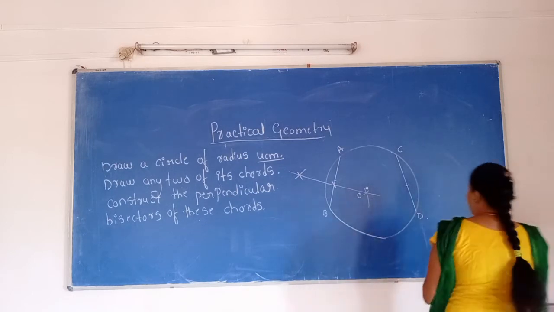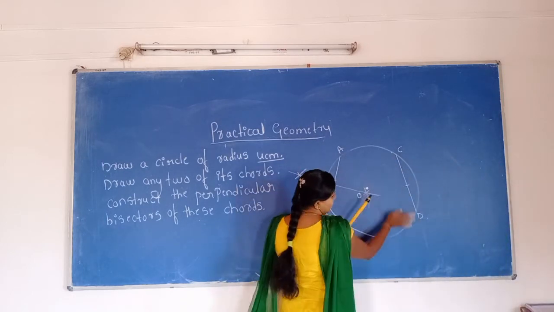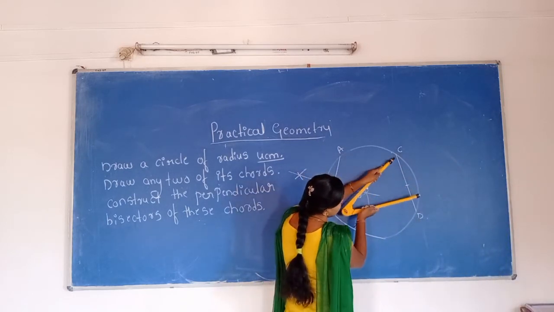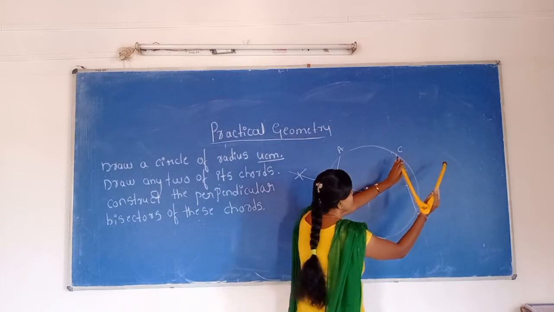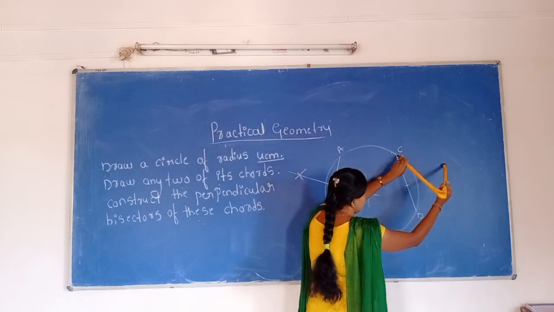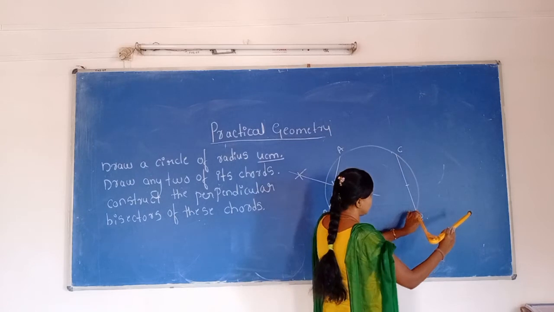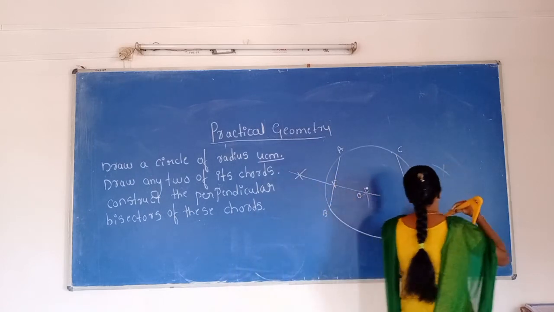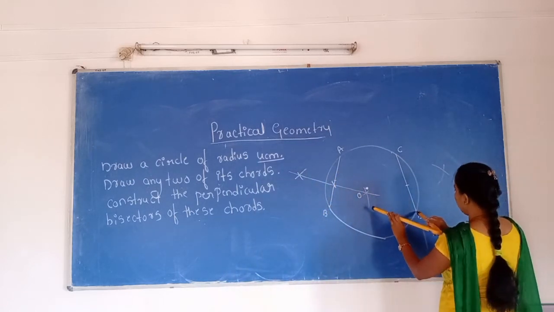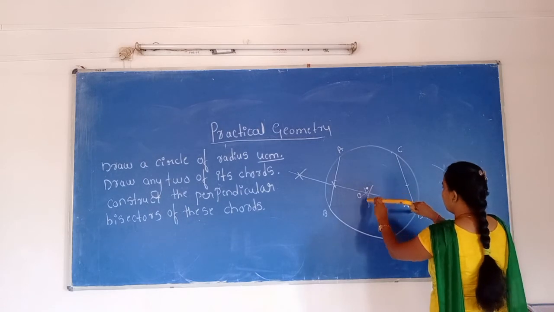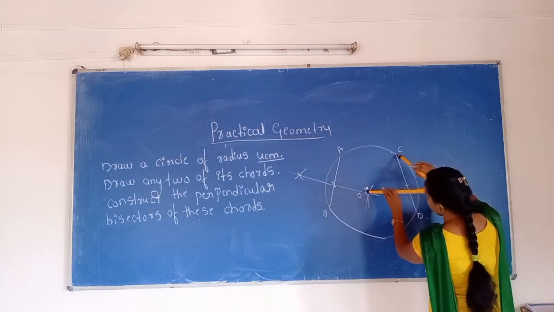And same from this chord. Using C and D chord, again you have to take more than half and now cut from C side and also using D you have to again cut it. And from the D side and again C side.